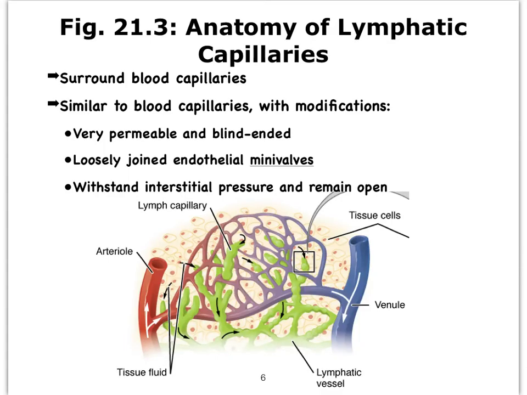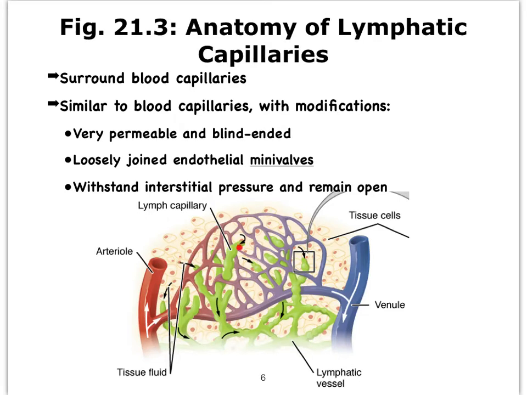Let's first focus on the anatomy of the capillaries of the lymphatic system. For one, they're going to be very intertwined with the blood capillaries, which makes sense because the lymph is going to arise from the blood plasma that's filtered out.